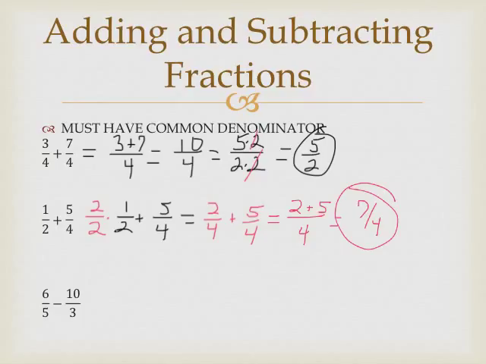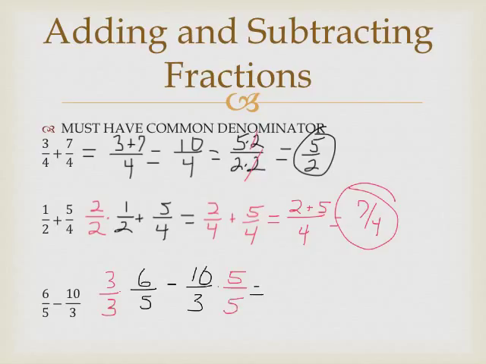Okay? Now sometimes you're going to run into a problem down here where you have 6/5 minus 10/3. So these don't even seem to be anywhere close as far as common denominators. Where I actually have to multiply both of these by something. So 5 and 3, they don't have anything in common. So I'm going to multiply this first fraction, everything by 3, and get a common denominator of 15. Multiply the second fraction, multiply everything by 5. Get a common denominator of 15.